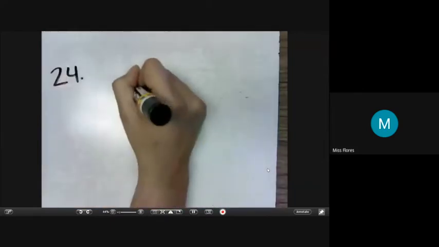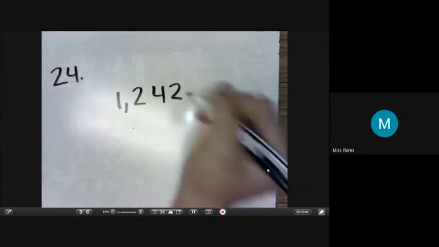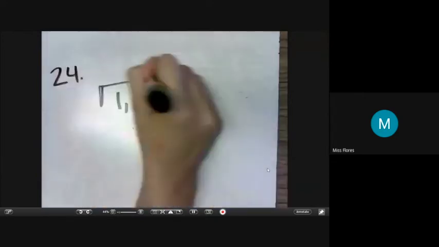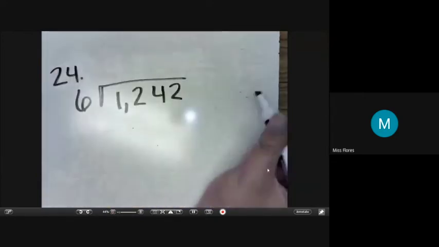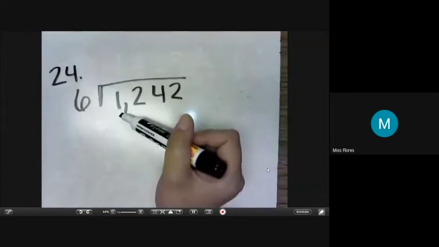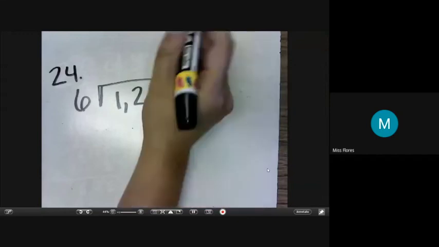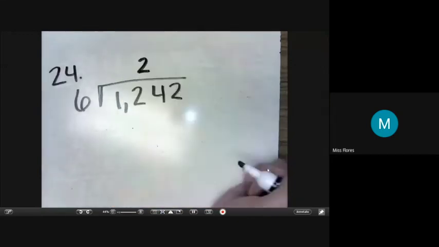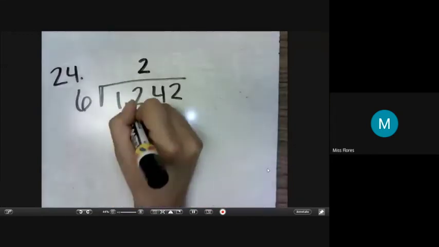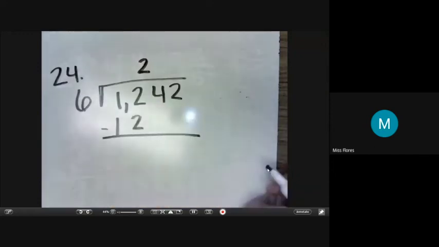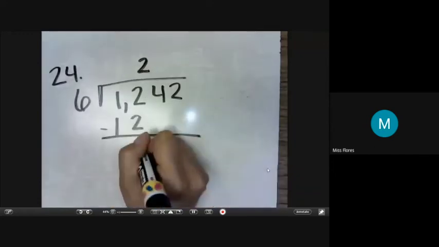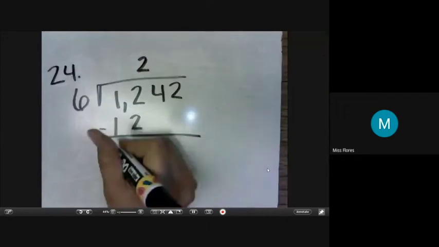All right, let's do number 24. 24 is 1,242 divided by 6. Okay, 6 cannot go into 1, so we need to see how many times 6 goes into 12. 6 goes into 12 2 times. 6 times 2 is 12, and we subtract. 2 minus 2 is 0. 1 minus 1 is 0.